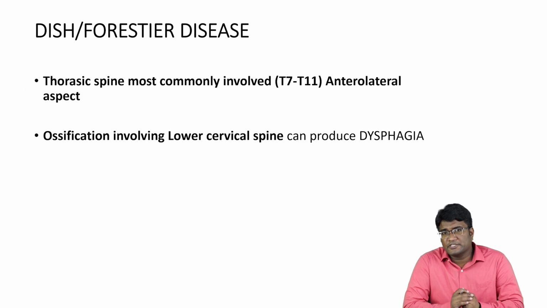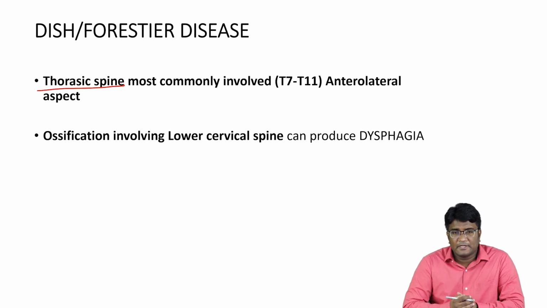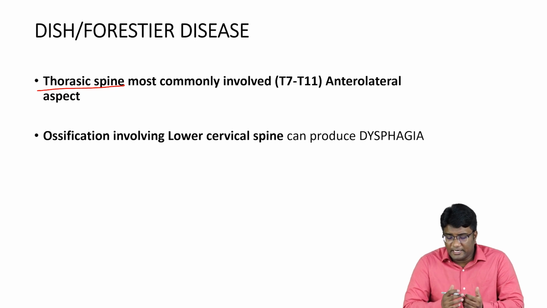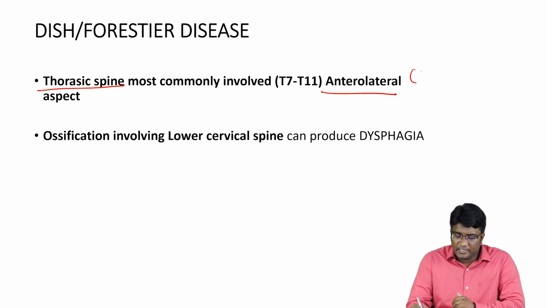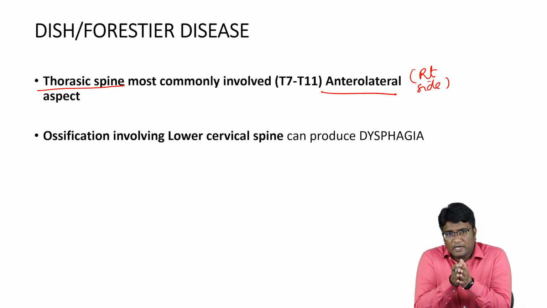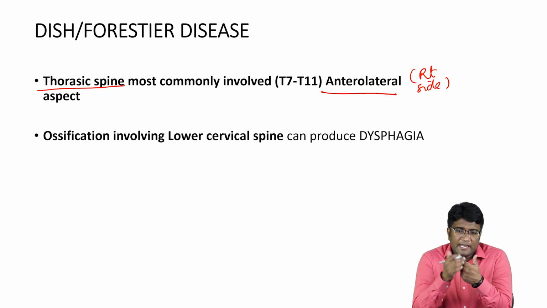DISH or Forestier's disease is more commonly involving the thoracic spine, right? And this commonly involves the anterolateral side, especially the right side. The reason is, on the vertebra, the pulsations of the aorta, which is more towards the left, do not allow the ossification on the left side.